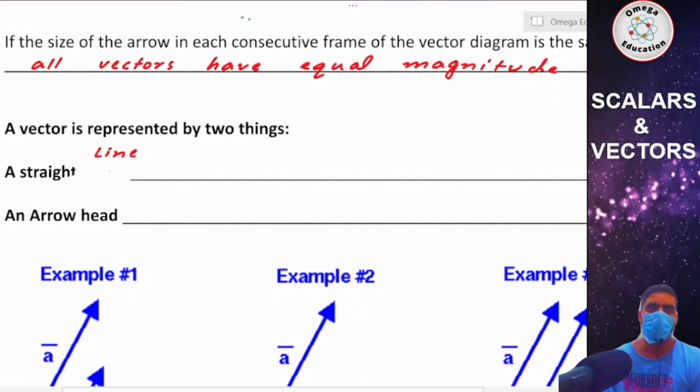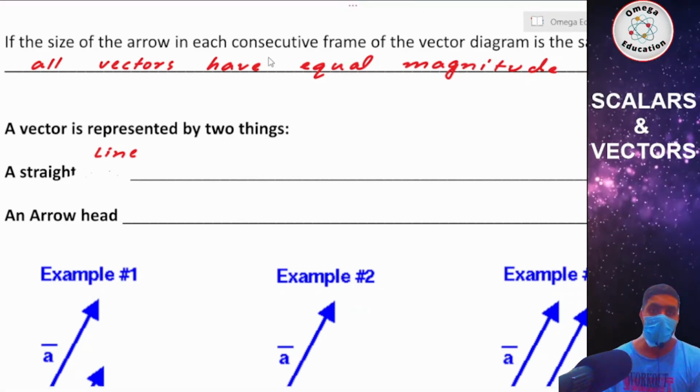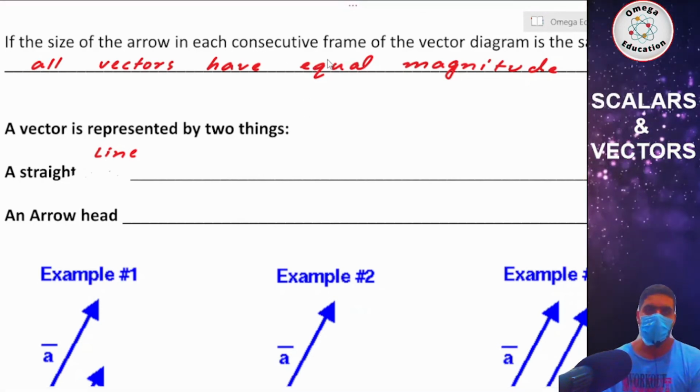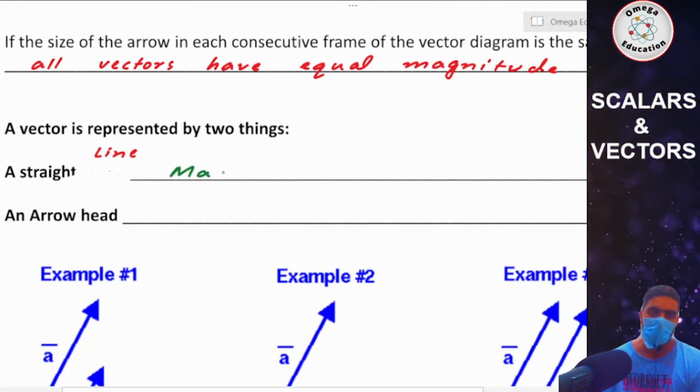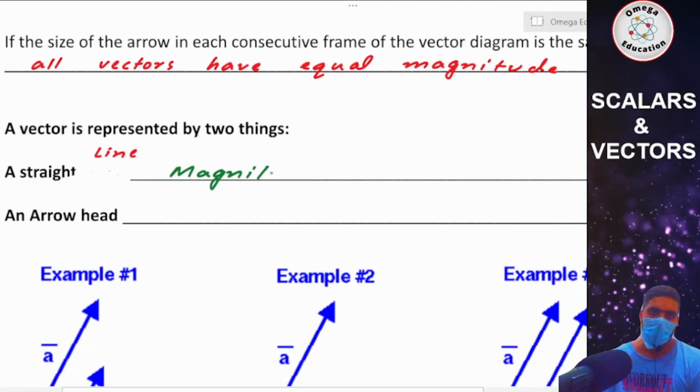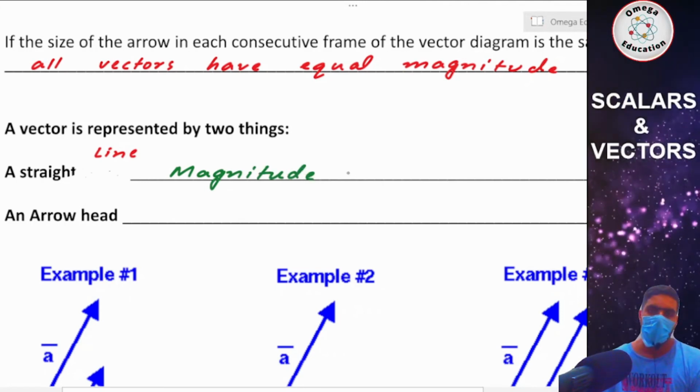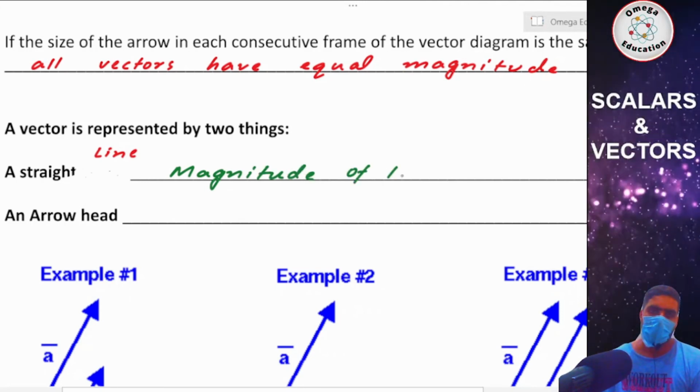The straight line in a vector diagram gives certain information about the vector, and that information is the magnitude of the vector.